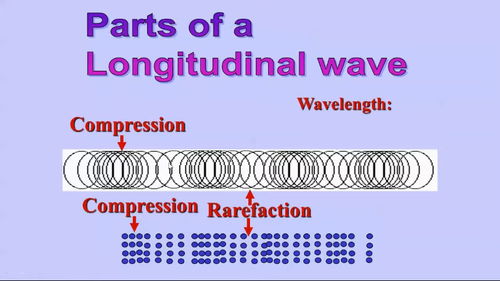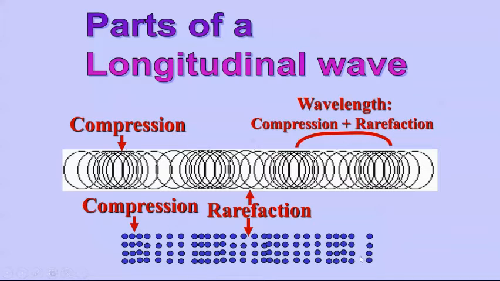So the wavelength is still going to be measured from one part of a wave to the exact same part of the next wave. But a wavelength would have to include both a compression and a rarefaction. So if you start at a compression, you have to go through a rarefaction and then to the next compression to get a full wavelength.